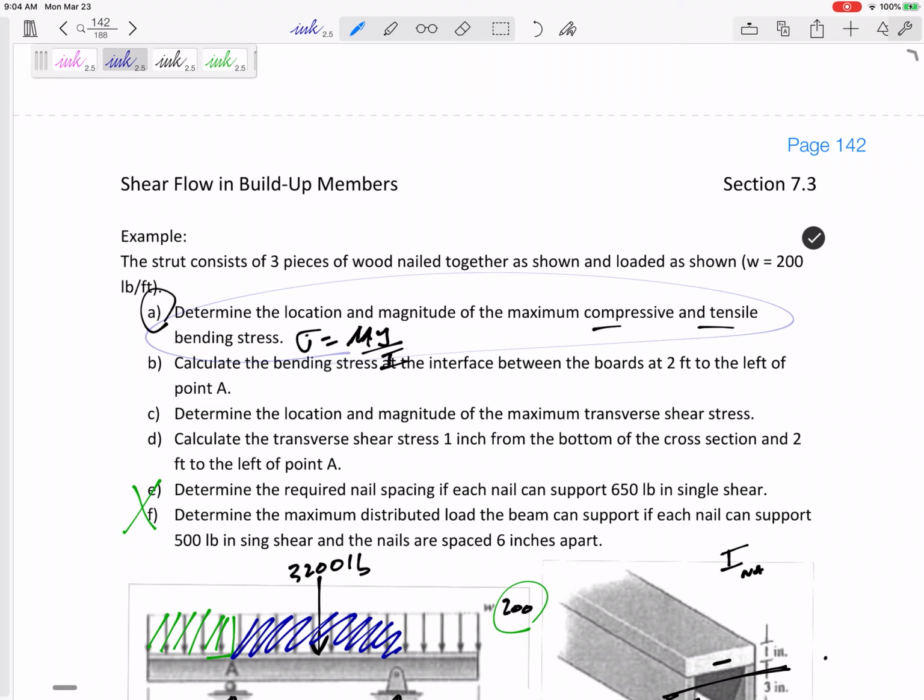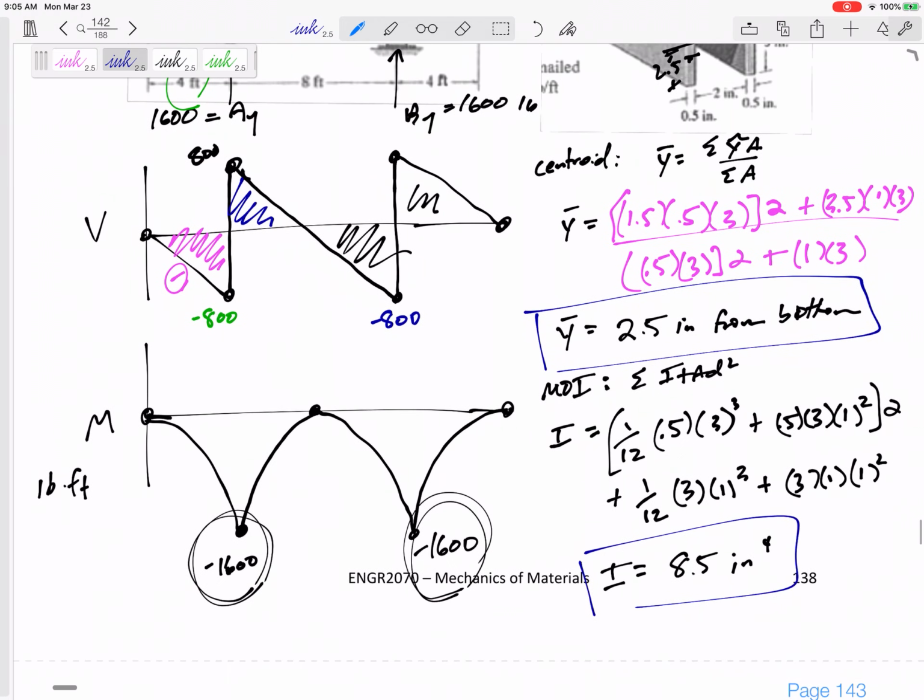Determine the location and magnitude of the maximum bending stress. But it wants the maximum compressive stress and the maximum tensile stress. Let's talk about this for a second. For a negative moment, that makes my pool noodle, my beam, kind of frown. Do you see why there would be tension on the top and compression on the bottom?